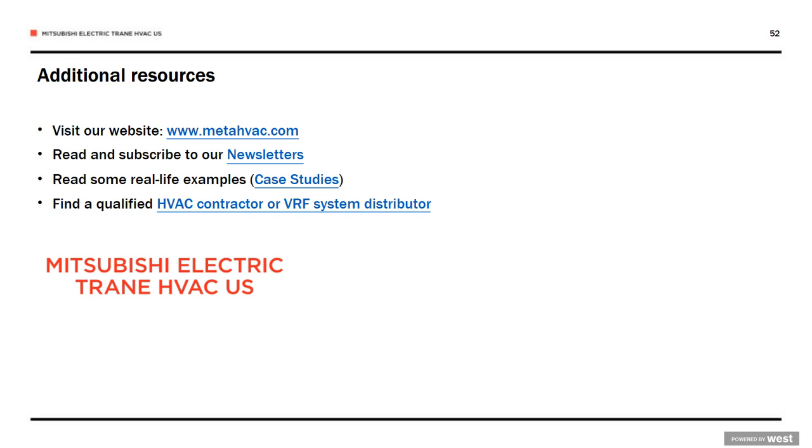Okay, sure. So the easy answer for the last part of it is yes, the numbers included labor and installation. The features and benefits, VRF is going to modulate, so you're going to have much tighter temperature controls.